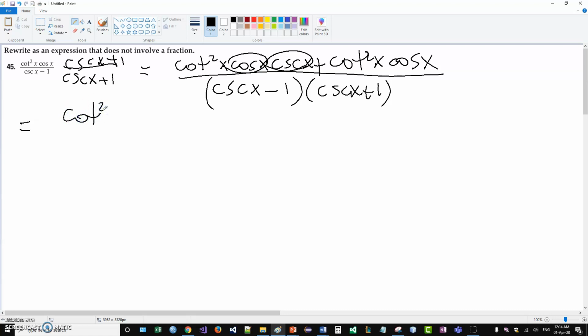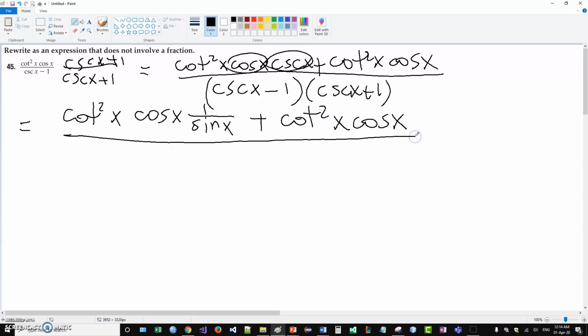So cotangent square x times cosecant is 1 over sine, times cosine x, multiplied by 1 over sine x, plus cotangent square x cosine x over cosecant square x minus 1. Alright?